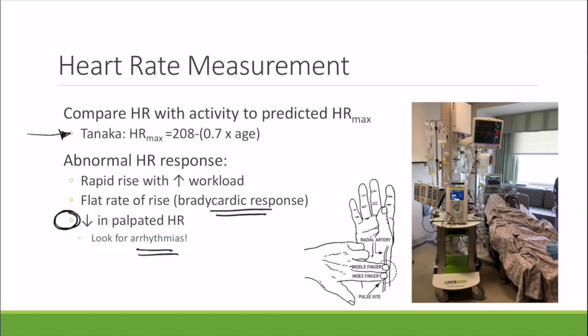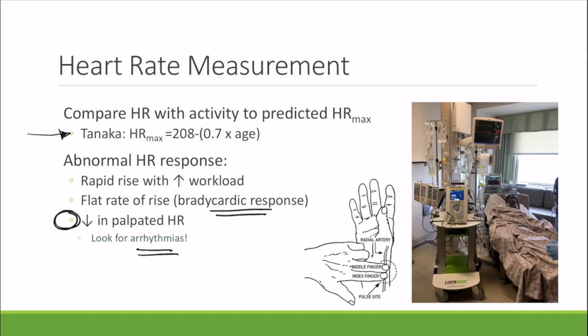If the heart is going into an arrhythmic beating pattern, they're going to be less efficient at making one big bolus of blood. So when you're feeling out in the periphery for that bolus of blood to go past your finger, if the heart is beating in an uncoordinated pattern, you're not going to get the same big rush of cardiac output, and you might actually feel that as fewer beats.